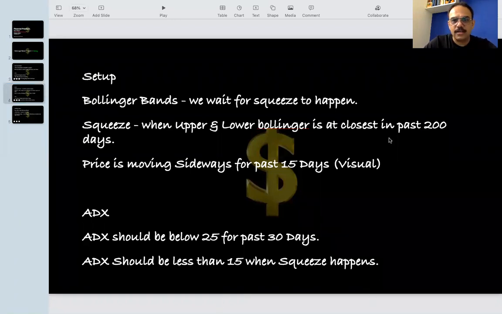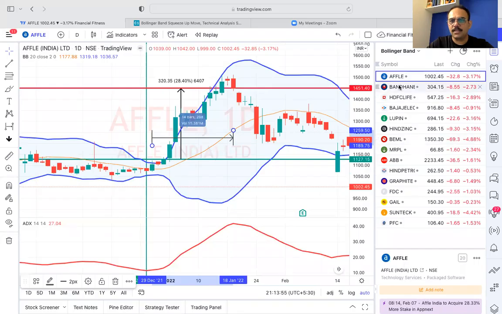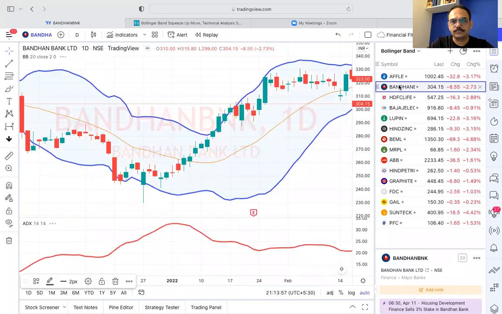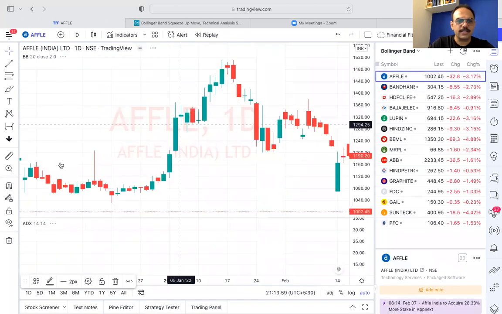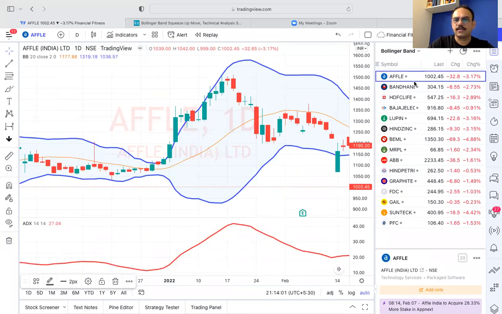Okay, so let's take some more examples for some more clarity. Now let's take Bandhan Bank. Just delete some drawings.